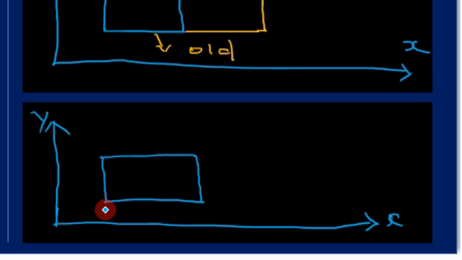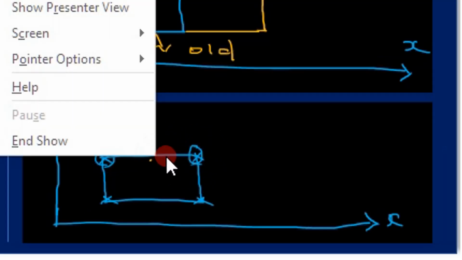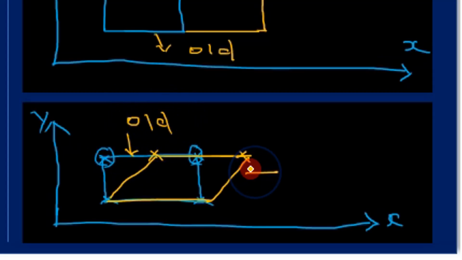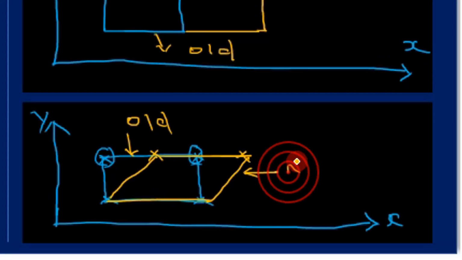Say for example, we have 3 vertex points here, and if we move only these 2 points to a new location, we can call this a shear. So this is the old one, and here is the new transformed object.